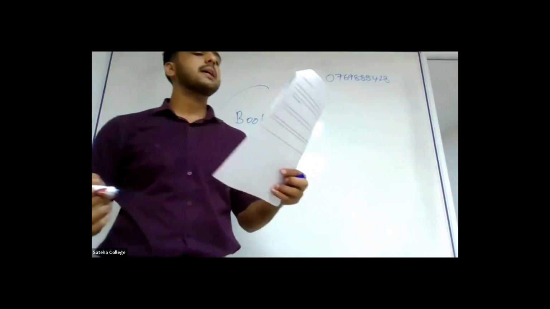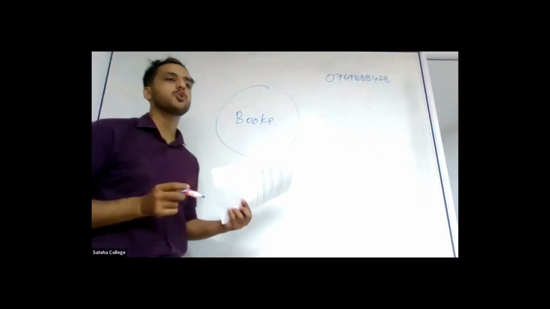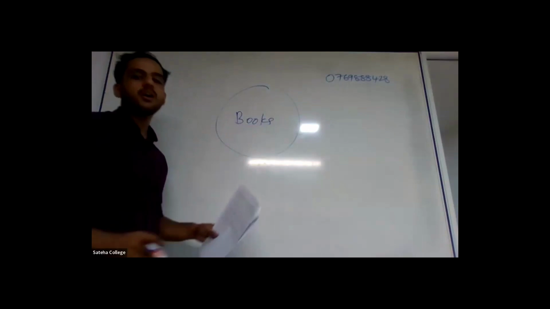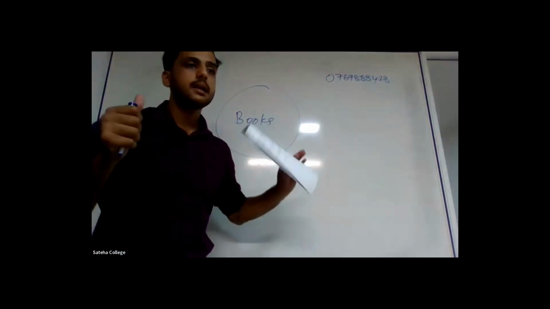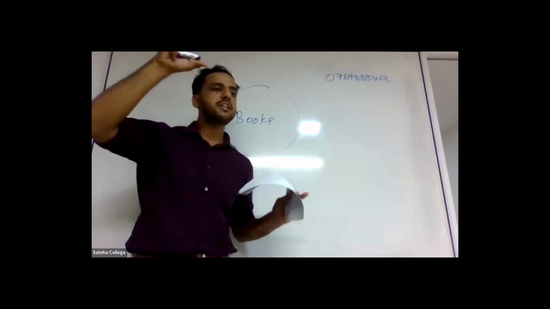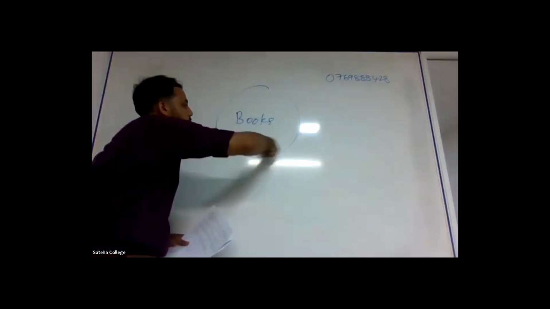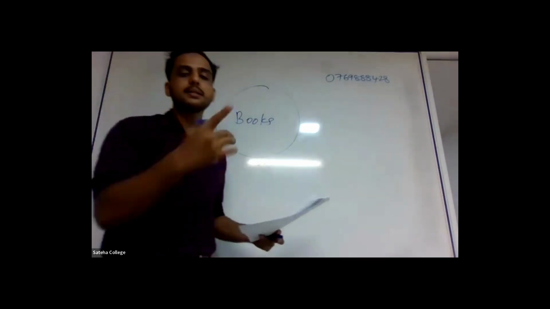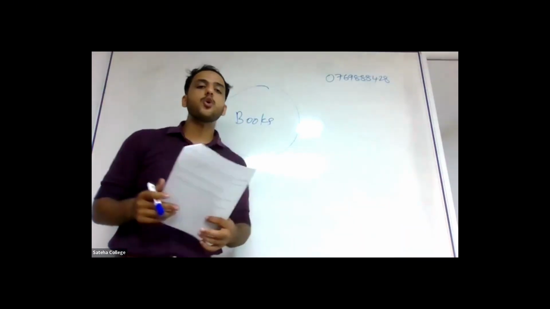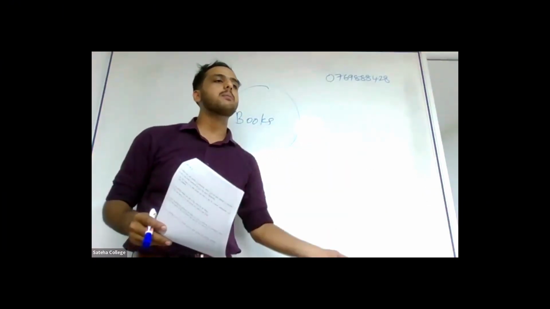1/6 of the books in the library were children's story books and 1/4 were literature. Right. If you divide this total number of books into how many parts? Look at the denominator. 6 parts. Right. 1 part out of it is what? Children's books. Likewise, if you divide the whole thing into 4 parts, 1 part is literature. Now tell me, this 1/4 and 1/6, are they from the total amount or the remaining amount?